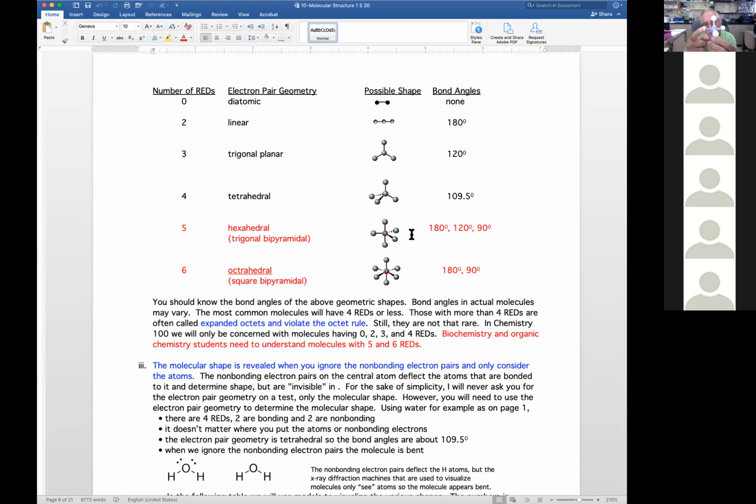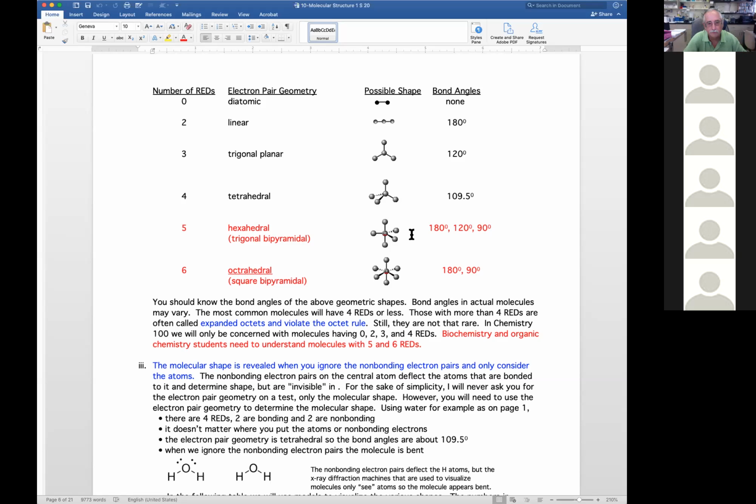See that? And so we can just simply know these bond angles. That right there looks like 90 degrees. Between here and here is 180 degrees. And what about that? That's the same as this was. It's 120 degrees. So when you have 5 reds, it is the most complicated because you have 3 different bond angles there.